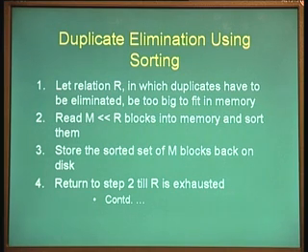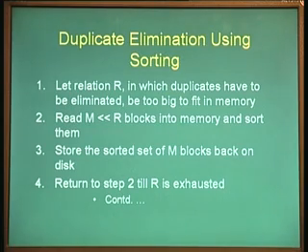How do we implement the SQL unique construct? Let us assume that it is relation R on which we have to eliminate duplicates, and of course we have to also assume that relation R is too big to fit in memory.